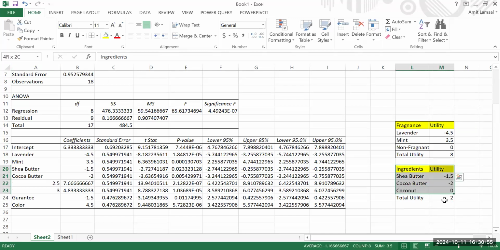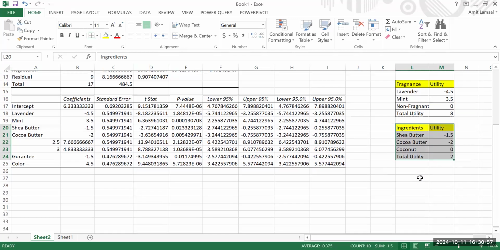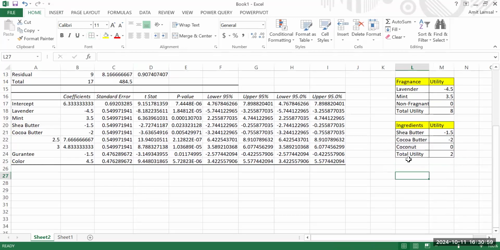Likewise, make it a bit easier to understand. So again, the price utility. So let's see, we have price of 2.5, 3, and 3.5.